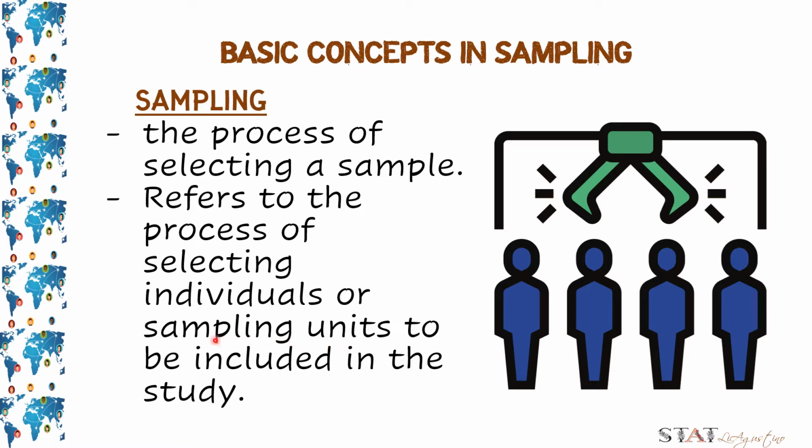For social researches, they call it subjects, individuals, people. That's the difference, but still, the process of selecting is called sampling. Gathering data from a randomly selected sample of a larger area is called sampling.